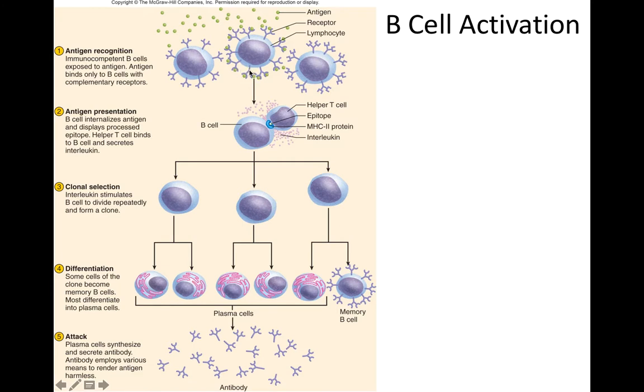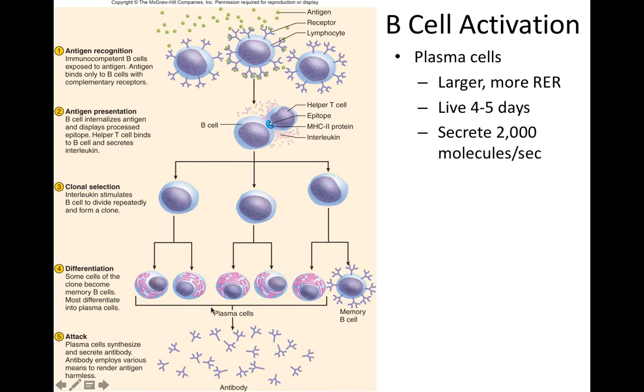The surface receptor is an exact replica of the antibody that this cell is capable of producing and secreting. So we know what the antibody is going to look like. It's going to be able to bind with Circle. They are now going to be released, and they're going to go tag everything that has that Circle antigen on it for destruction.